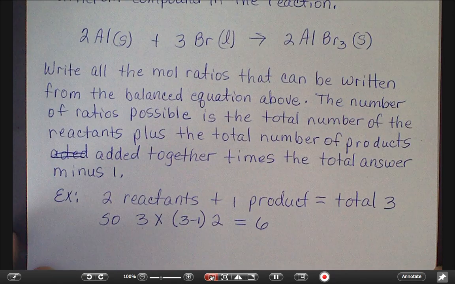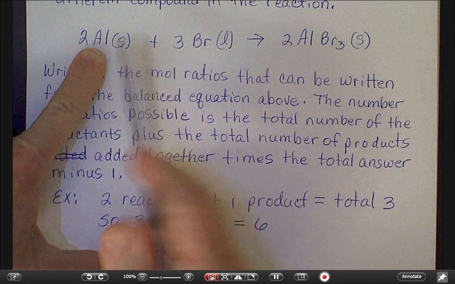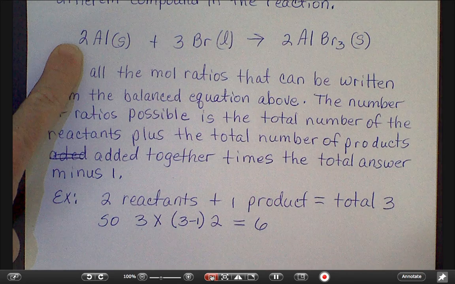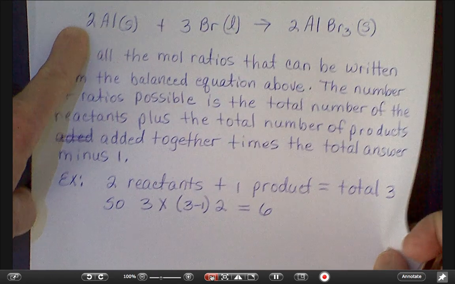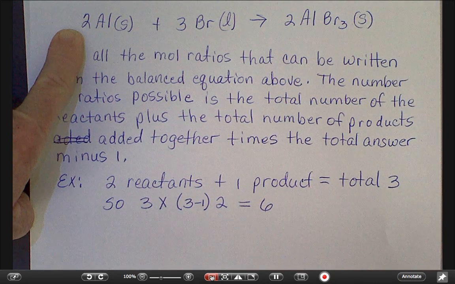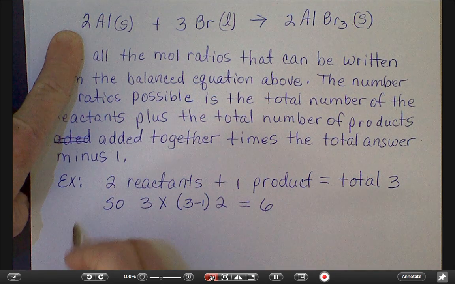Now then, in a mole ratio, you start at the beginning, and a ratio is written as top over bottom, yes? So I have how many moles of Al, kids?